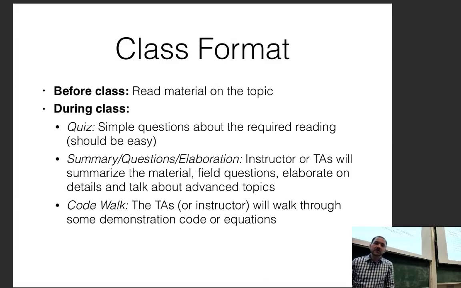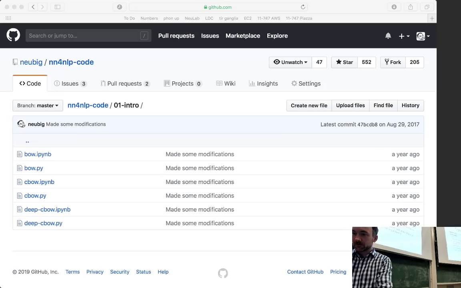Also, for some subset of the classes, we'll have a quick code walk. The idea of this is just to give a basic idea of how you would actually implement something like what I talked about in class. It's usually one example from all of the things that I talked about during a single class.